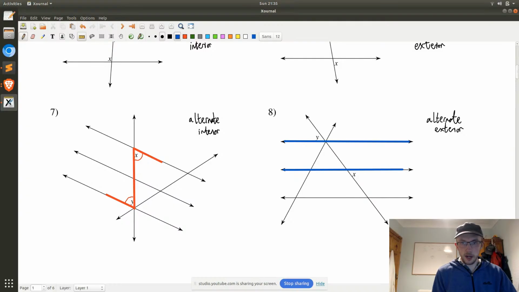That's the pair of parallel lines. That is the intersecting line. And here are X and Y alternate exterior angles, meaning they are congruent.